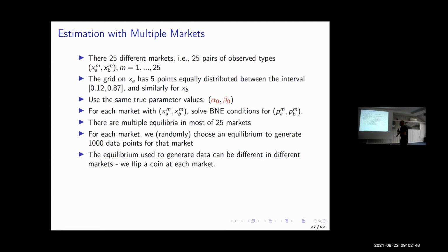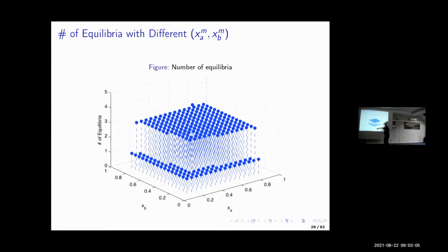We're going to use the same structural parameters, alpha and beta, all the way through. Then for each market, we're going to solve for all the equilibria. You'll see here there are at most 3 equilibria in each of the different markets. For the different combinations of XA and XB, we can calculate the number of equilibria.